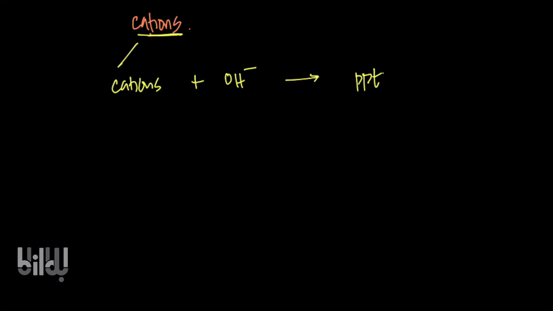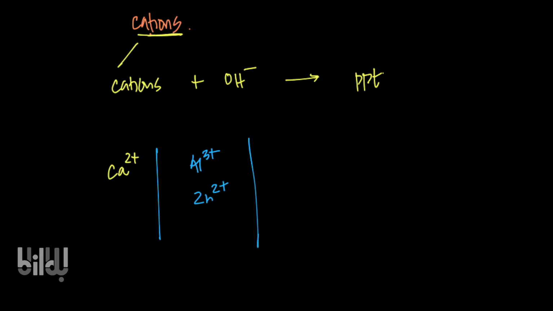I'll just repeat it for both. I'll write it down for a second. So you've got a couple from group 1. You've got calcium from group 2, sorry. You've got a couple of amphoteric guys, aluminum and zinc.